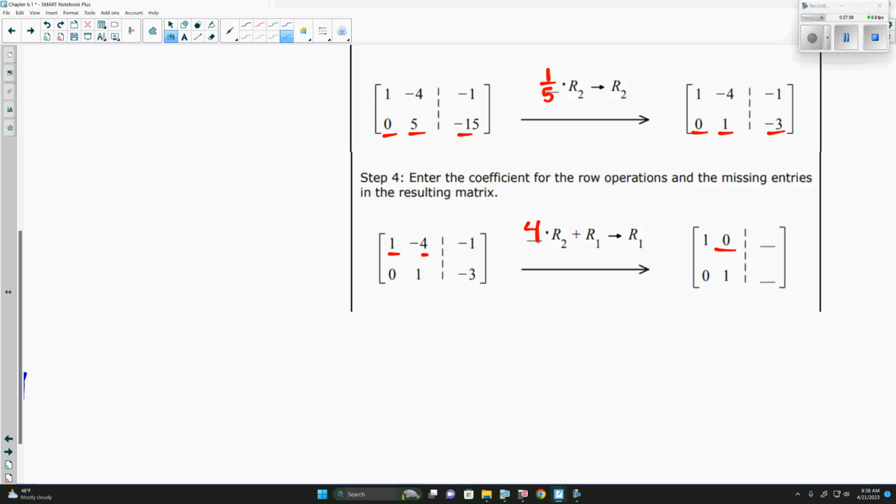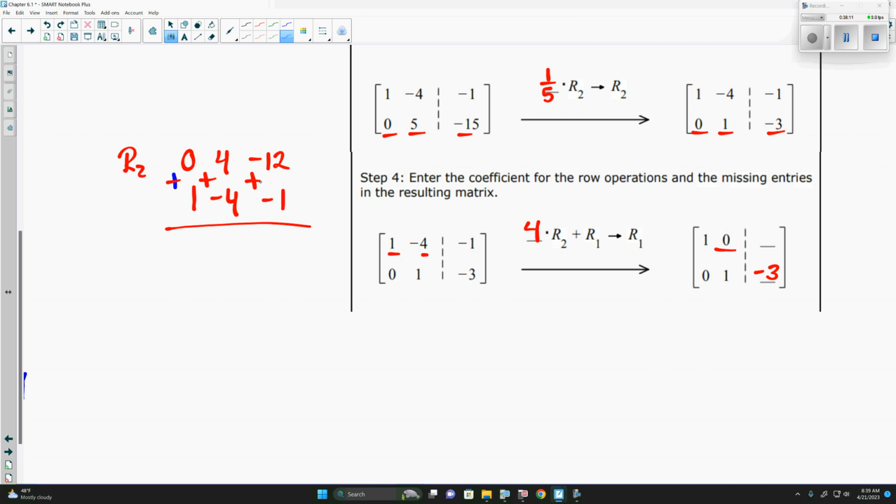Now, did row 2 change at all for this one here? Well, no. So the row 2's last number should still be negative 3. Now, to do this, we multiplied row 2 by 4. So row 2, we can say off to the side, is 0, 4, negative 12. And we added it to row 1: 1, negative 4, negative 1.